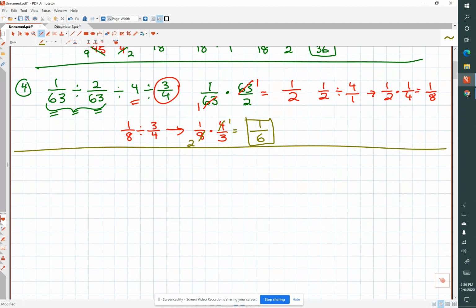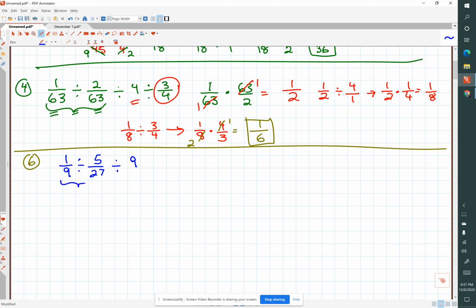So this is number 6. I'm going to change my color to something brighter. And so 1/9 divided by 5/27 divided by 9.